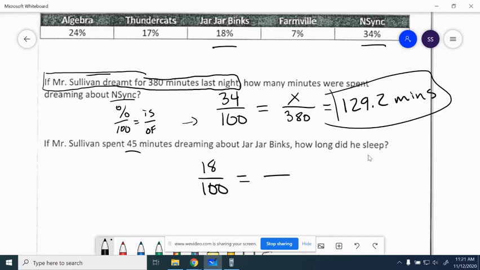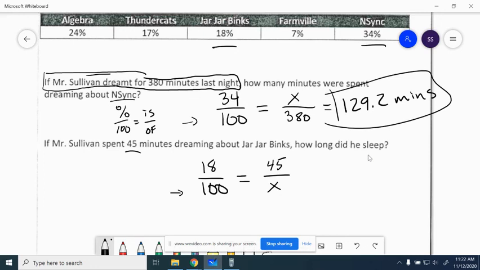Well, what is it representing? Is the 45 minutes representing the total time that he slept? No, it's representing the 18%. So this is going to go across from 18, and we want to figure out the total amount of sleep. So that makes sense that the X is going to go in the same row as the 100, right, to keep that in line.